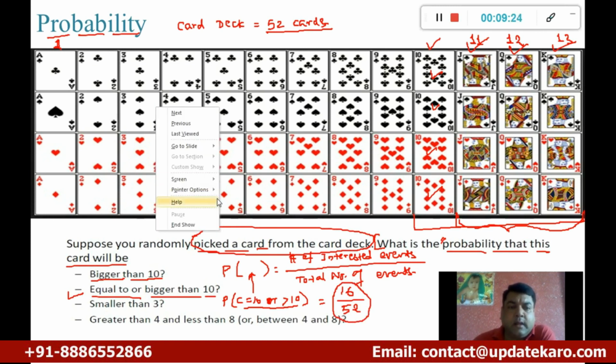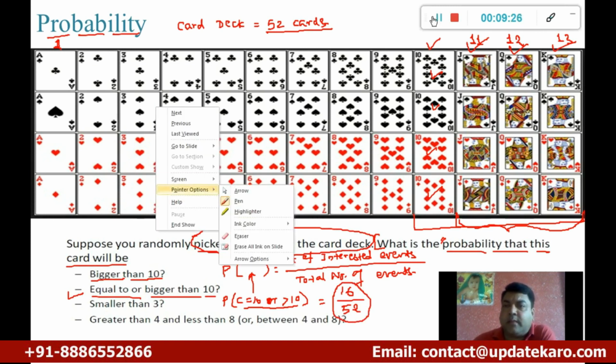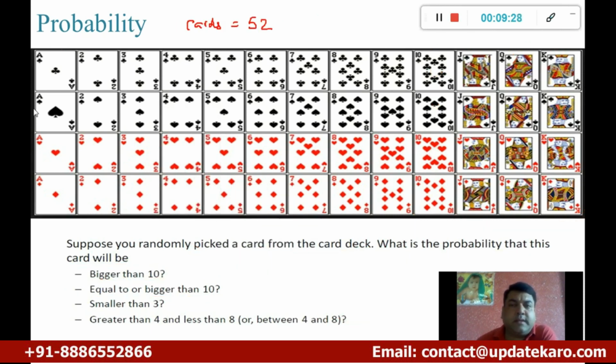Right? Now let us check the third example. In the third example as well, the ranks remain the same, 11, 12 and 13. Now we will see, if you randomly pick a card from this card deck, what is the probability that this card will be smaller than 3?